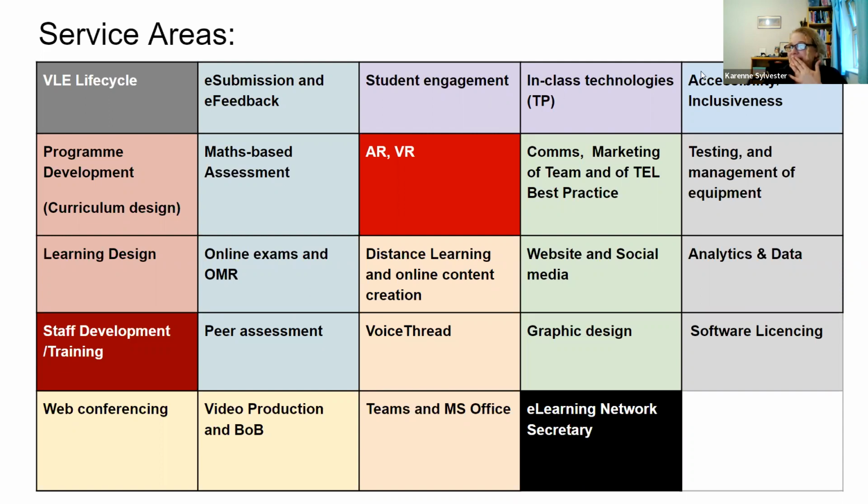In-class technologies, accessibility. Accessibility is a very, very big and important area, because we want to make sure that all people have access. So if you just choose a random piece of software, sometimes a university in general gets criticized for not moving fast enough with the technology.